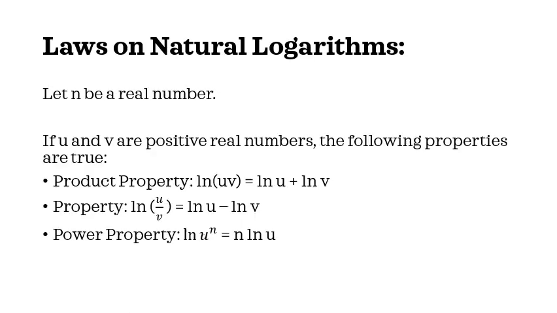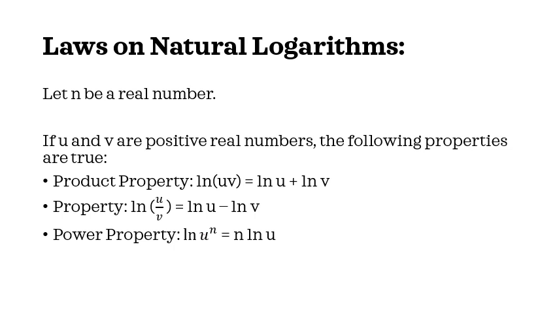Now, let's talk about the laws of natural logarithms. Let's say n is a real number, and u and v are positive real numbers. The following should be true. They are the same properties as with your logarithms, as well as in your natural logarithms.